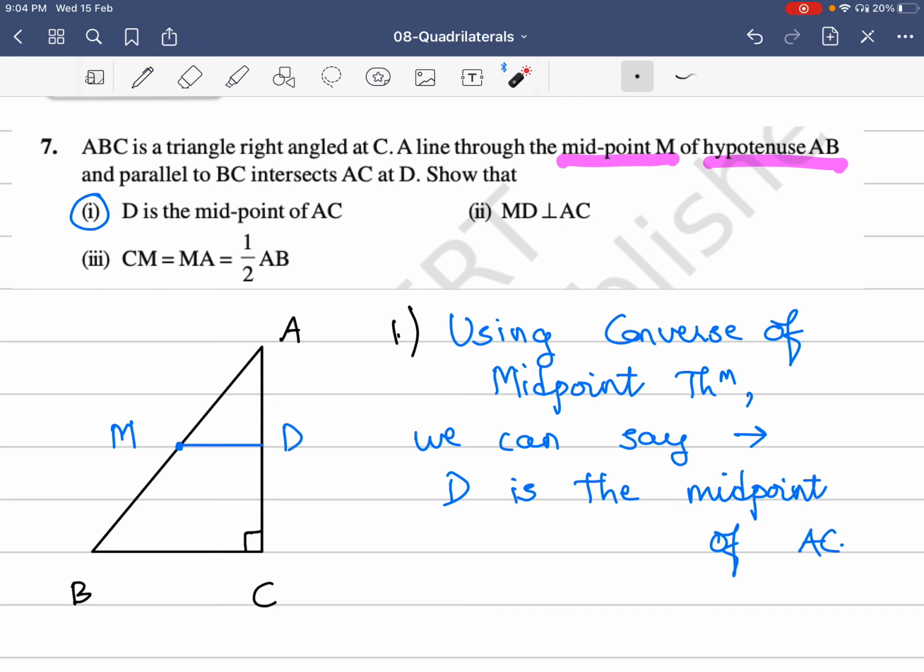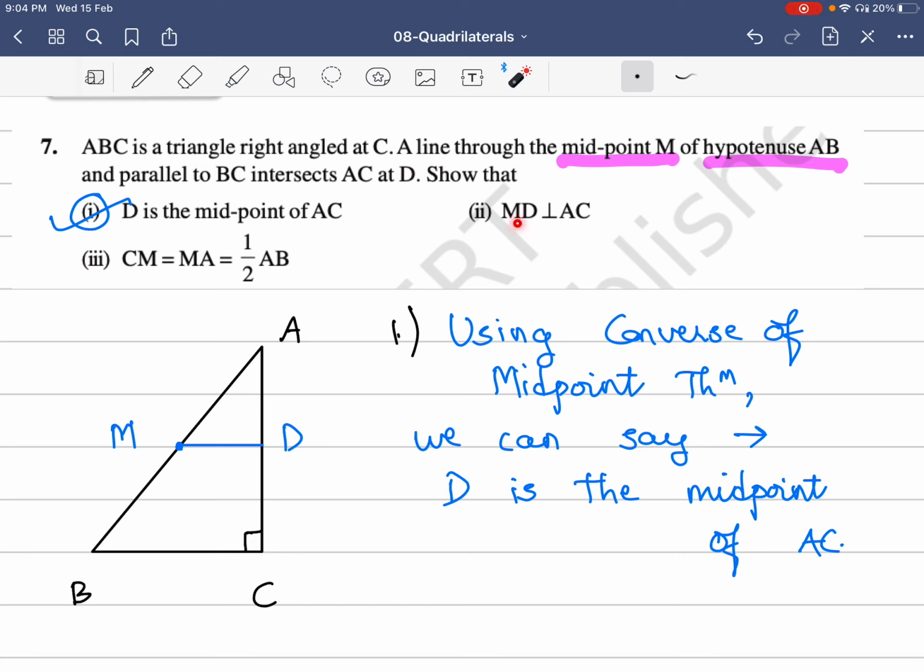Why? Because this was a midpoint and we drew a line parallel to the third side. So whenever it goes to the other side, it will touch at the midpoint of the other side. That is the converse of midpoint theorem. So the first thing is very straightforward. It's done.